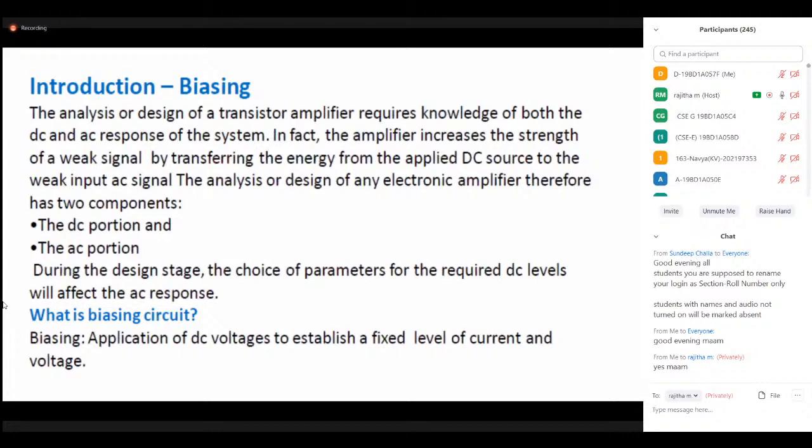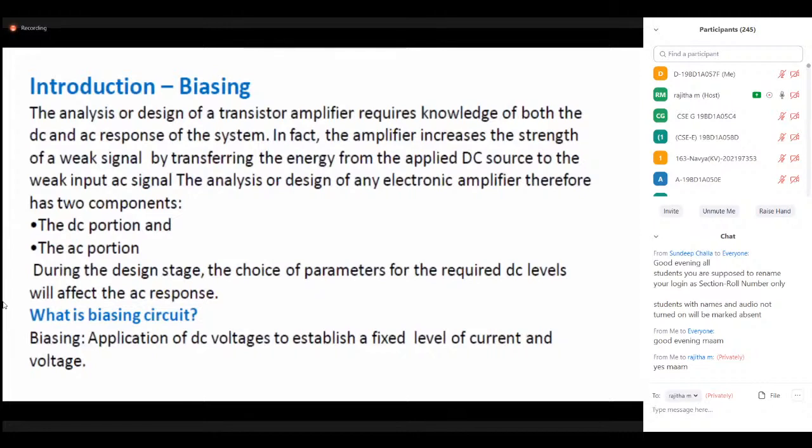Now we're going to analyze the AC response of the system. For a faithful amplification, in addition to this DC signal, how it amplifies the AC signal voltage level to a required strength, or how it increases the voltage signal strength, that we are going to deal with now.